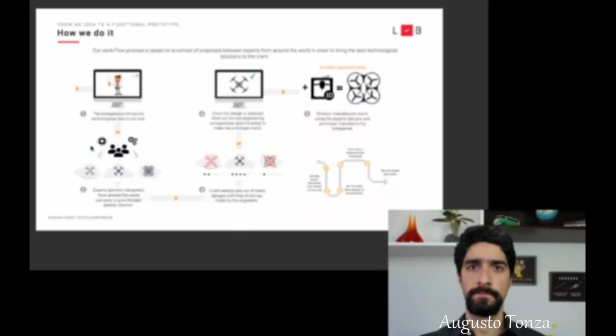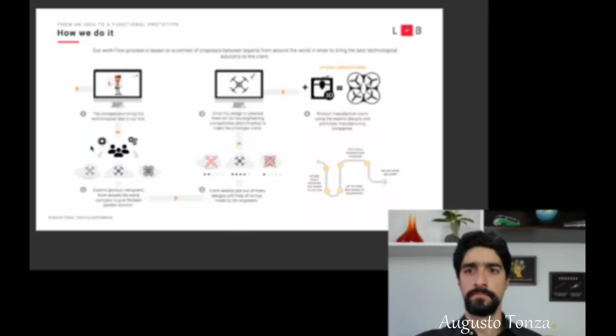Once you've selected one of the designs, that money will remain in the company. We will not return that money. If you don't select any of the 10 designs that the designers have sent you, and you decide that you don't like any of the designs, we will reimburse the money to you. But once you select one, the money stays in the company.